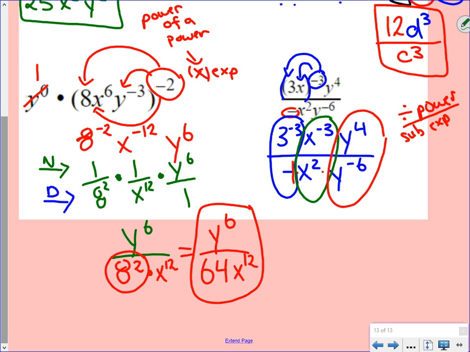Well, 3 to the negative third divided by negative 1 is going to be negative 3 to the negative third. X to the negative third divided by x to the second, we're going to do negative 3 minus 2, which gives us x to the negative fifth power. And then 4 minus negative 6 is going to be y to the 10th power.